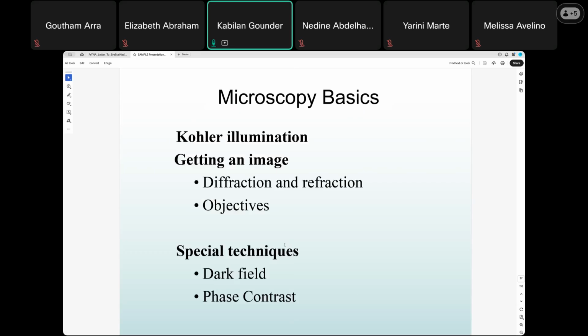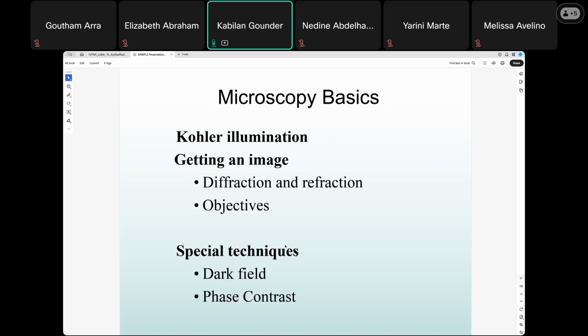Also, how to improve the light source, the intensity of the light, and the path of the light to your samples. For that, a simple adjustment of the condenser lens aperture is needed. This technique was developed by a scientist named Köhler, so after his name we call it Köhler illumination.